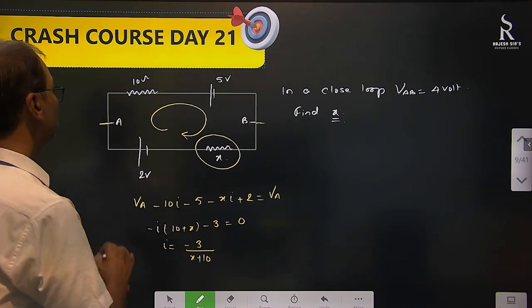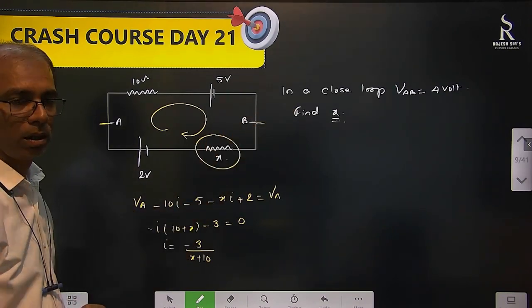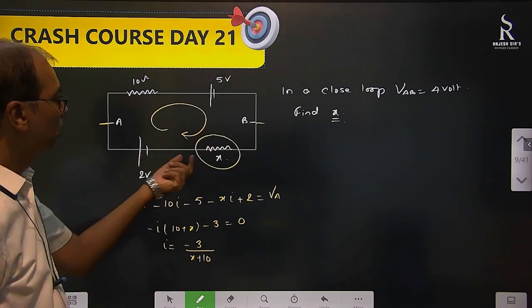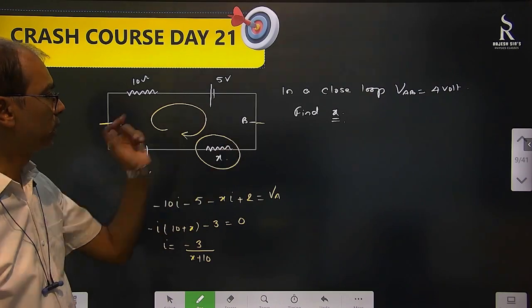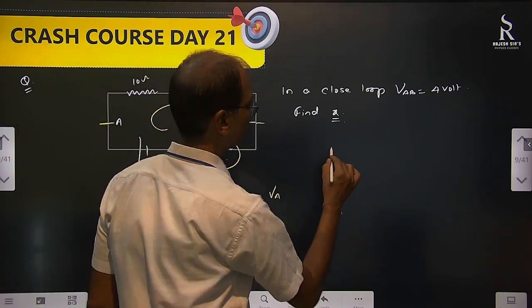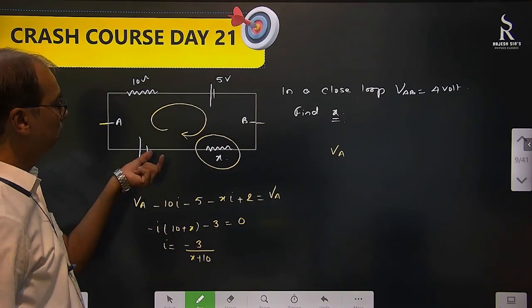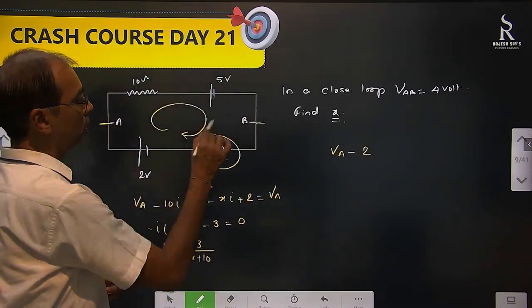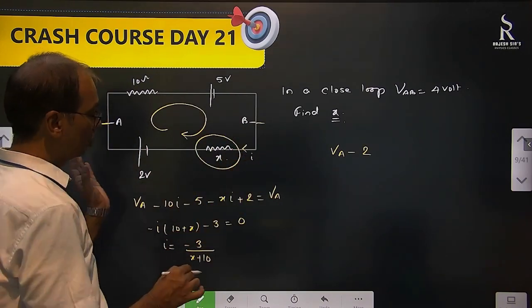Now what will we do? Let's move from A to B, because he says VAB equal to 4 volt. How to go? You can go like this, then only X will come. Let's move like this only. So VA, this is minus 2. Now you took the current like this, and you are going opposite to the current.